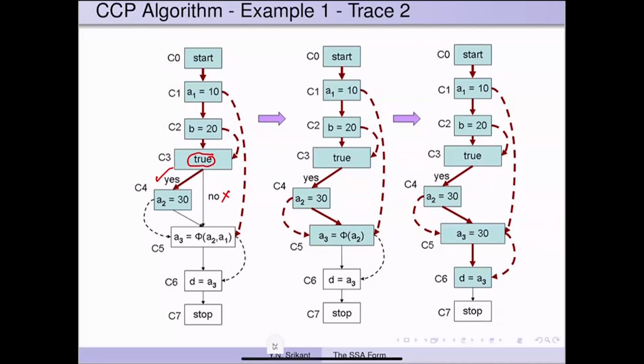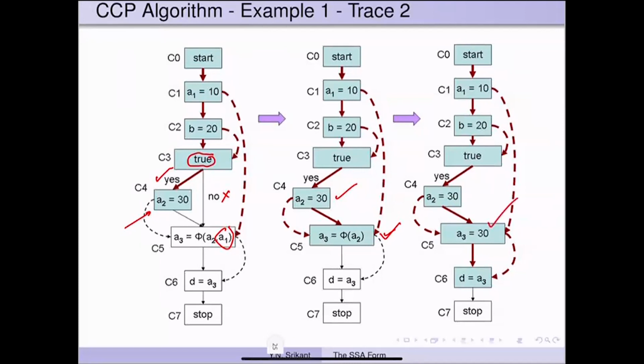And then of course we have A2 equal to 10, A2 equal to 30. So that is processed. Then we come to the phi function, A3 equal to phi of A2. That is because this second parameter has been removed. Please observe that, right? So A3 equal to phi of A2 simply becomes A3 equal to A2 after replacing the value of A2.